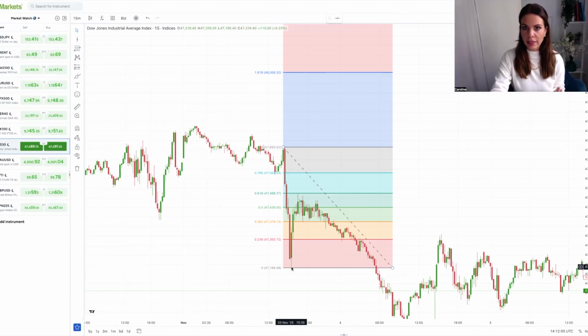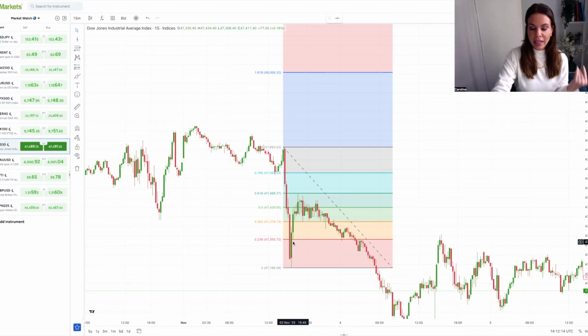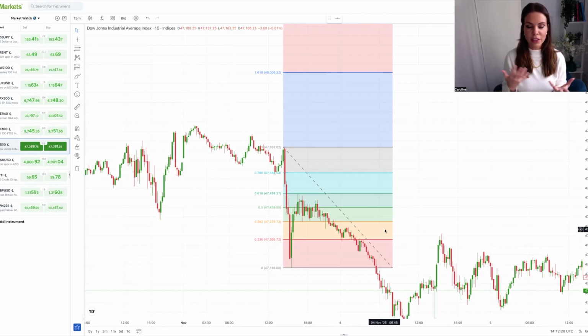Then they see the market making this really dramatic move up and suddenly they panic. Oh no, is the market actually going up? Did it overreact? Is it retracing now? And then they enter into a buy position and then the market ends up going back down again. So it can be very confusing and overwhelming, and especially if you did jump in and start FOMO trading, it all gets very chaotic and confusing.